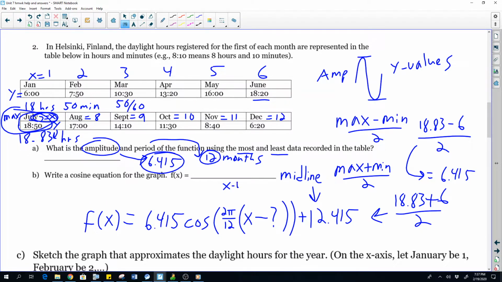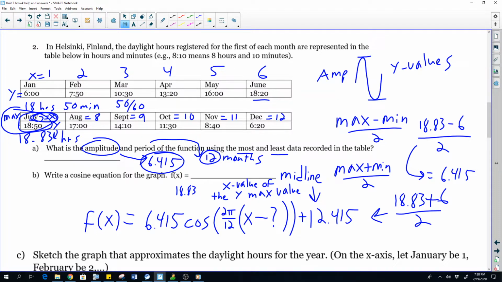So the x value of the y max value, try to memorize this. The y max value is 18.833, or 18 hours, 50 minutes.